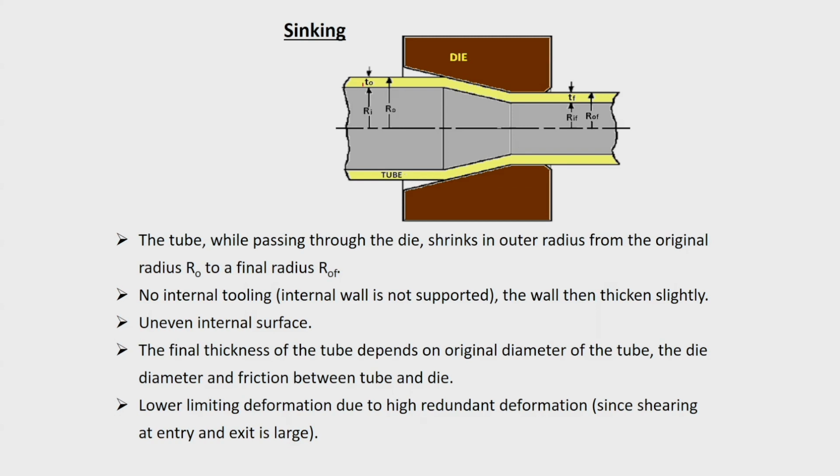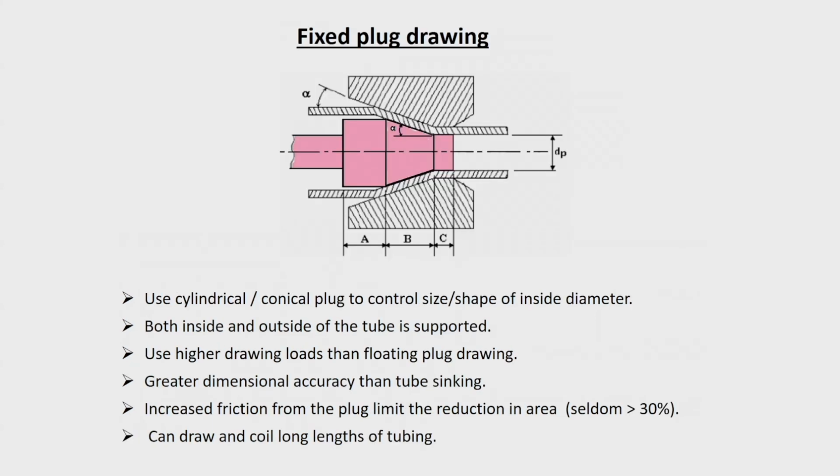The first drawback is that your internal surface is uneven, and another thing, you need a very high load for the deformation. The second type of tube drawing is drawing using a fixed plug. Here the internal surface and the external surface both are supported.